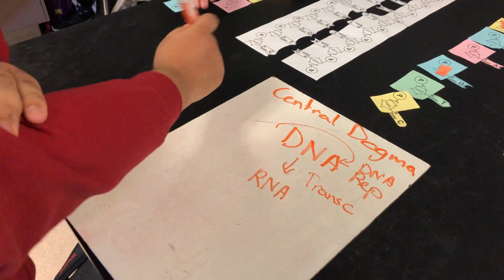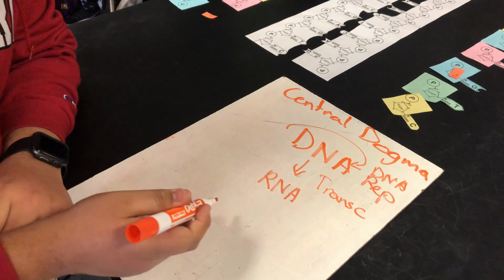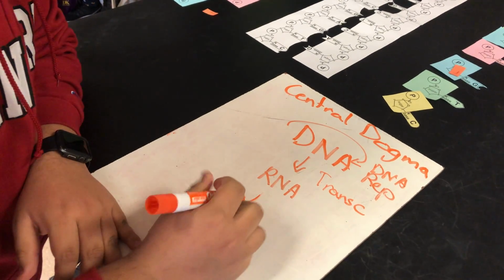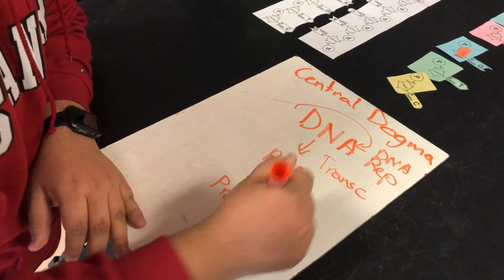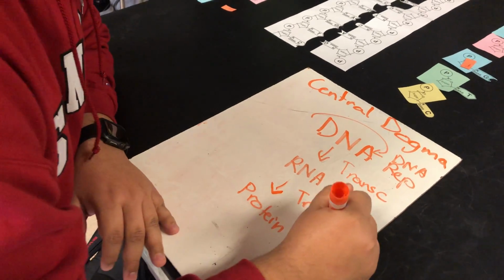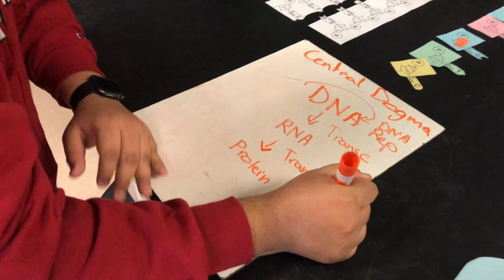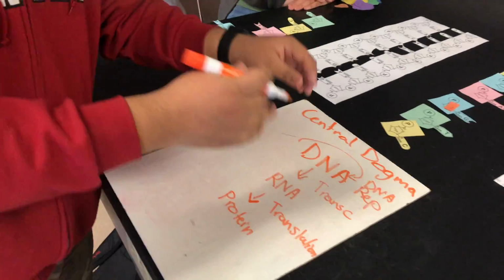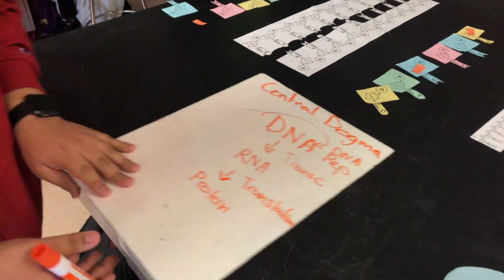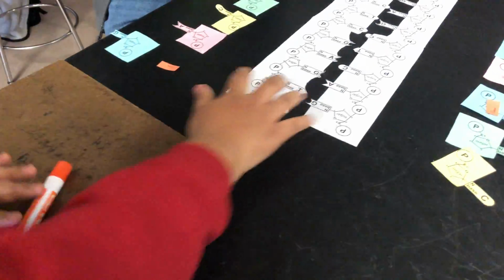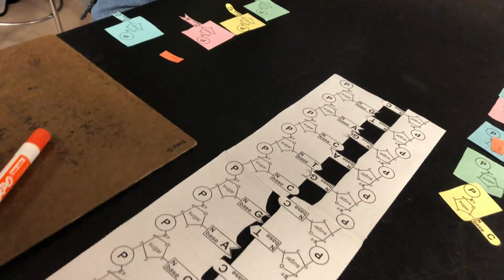We'll put trans C for short. From RNA to proteins, this process is called translation. And this overall process, with the DNA replication, DNA to RNA, RNA to proteins, is called the central dogma.